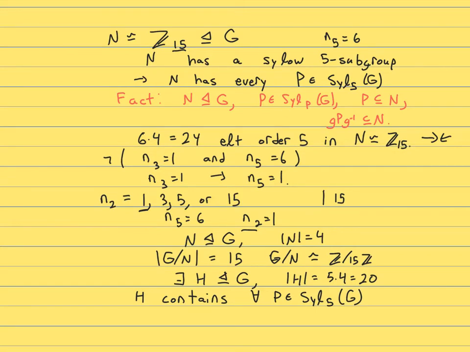But we have the same problem as before. There's only one Sylow 5 subgroup in a group of order 20, and it's normal. So we can't have all 6 of these things because there's only one, so there's a contradiction again. And so we discover that if N2 is 1, then so is N5.